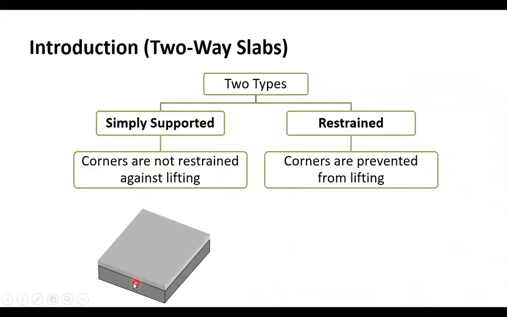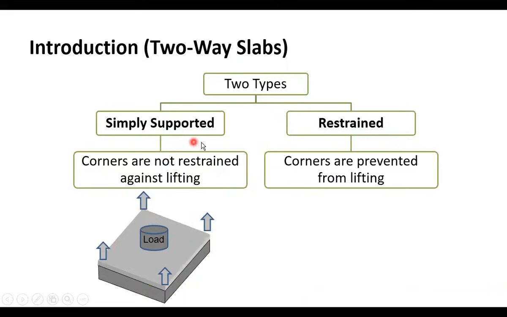So the beams were cast first, for example, and then you cast the slabs later above the beams, but there is no connection between the slab and the beam. Once you have a slab like this, if you apply a load, the corners will try to lift up. And because there is no continuity between the slab and the beams, nothing will prevent them from lifting up. In this case, we call this simply supported.